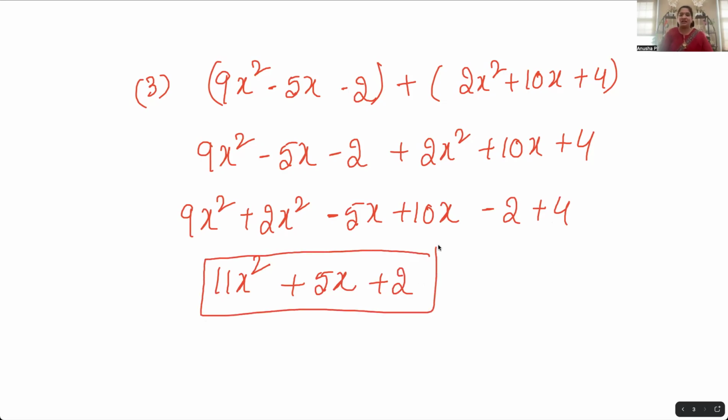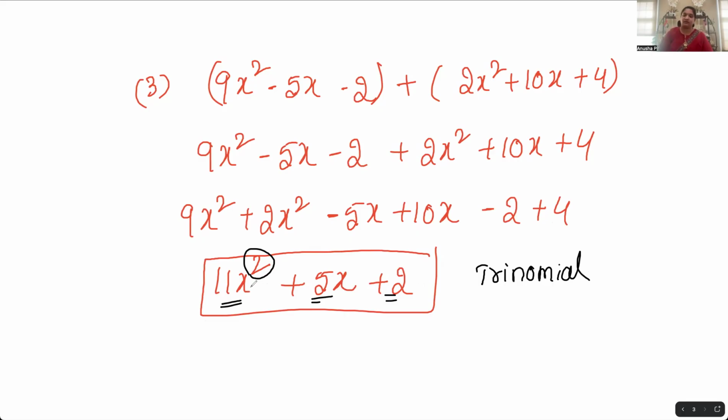From the previous video, I'll ask some questions now. How many terms do we have here? We have 3 terms, so it is called a trinomial. And what is the degree here? The degree is the highest power of the exponent of the variable, which is 2.